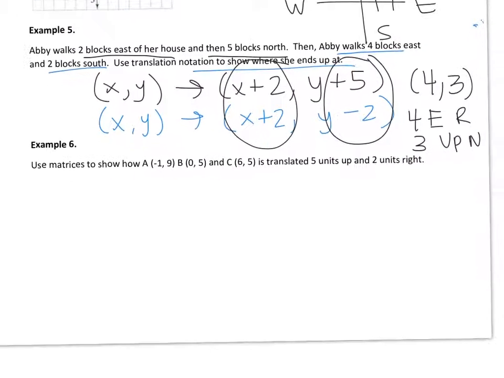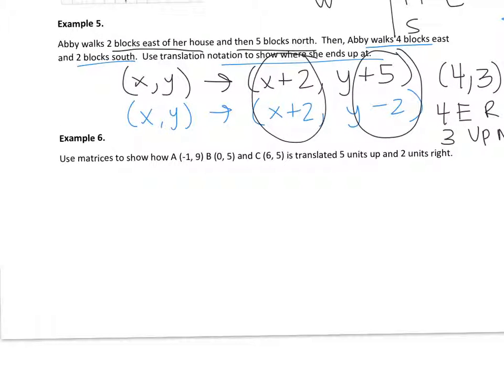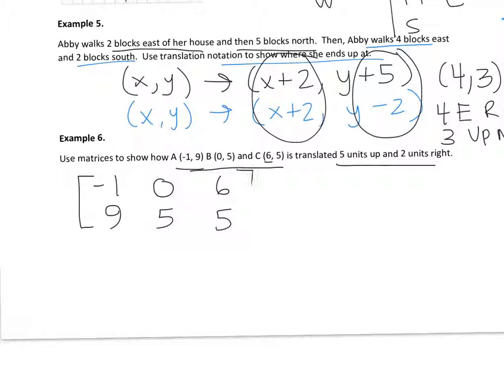So in the last part, using matrices. Use matrices to show how this is translated 5 units up and 2 units right. First we're going to make a matrix out of ABC. The x goes on top and the y goes on the bottom.